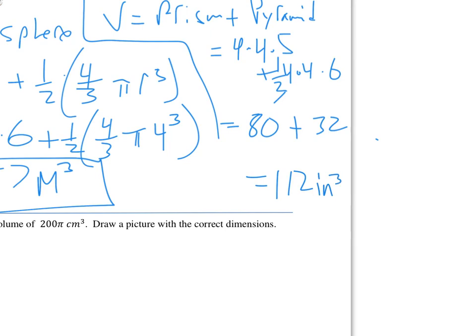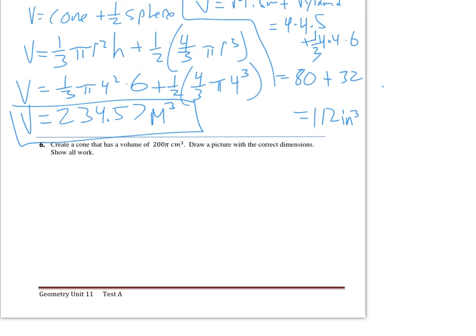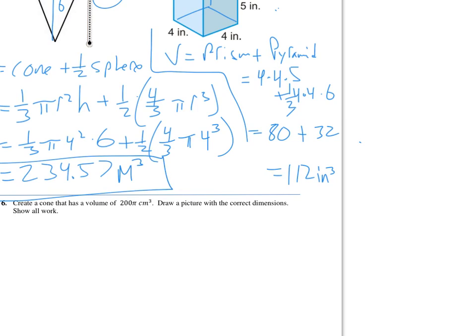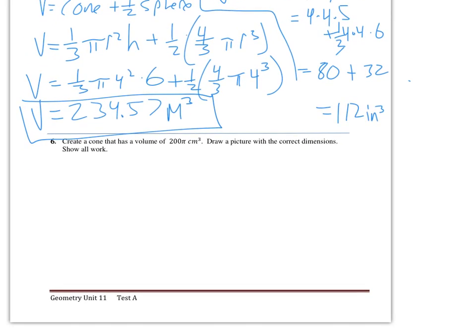All right, one more problem. Here's an interesting one. We want to make a cone that has a volume of 200 pi. Don't forget that pi. A lot of people on this problem forget that pi. So we're going to draw a cone, just kind of a slanted circle.